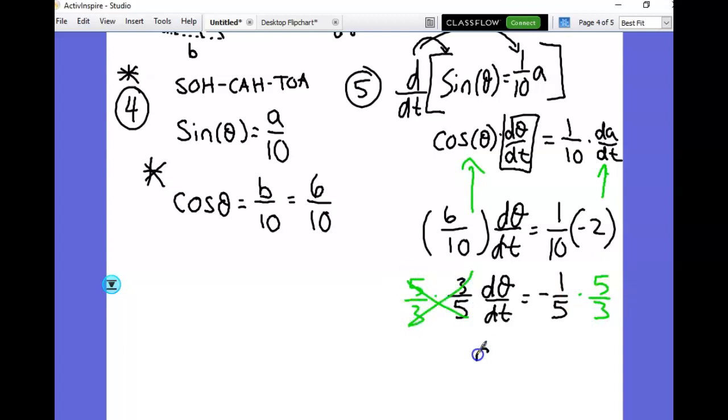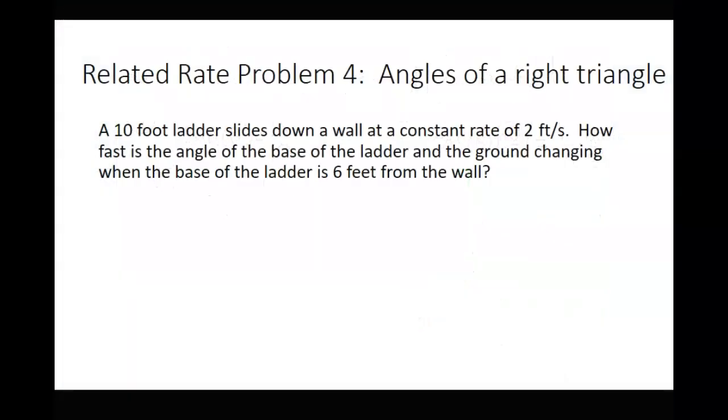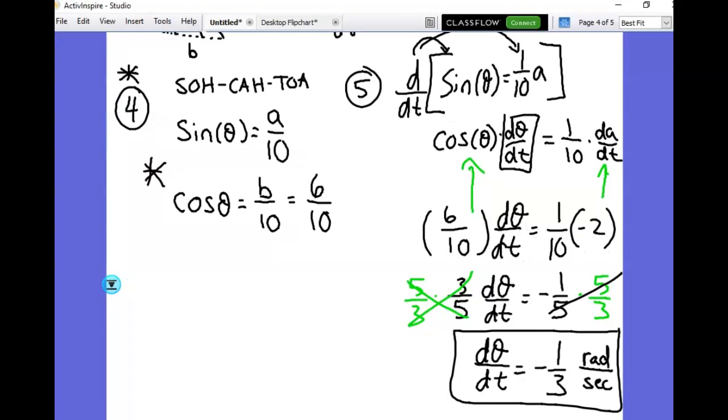And we have our answer. Those go away. We got -1/3, and that was in radians per second. There it is. So it was all in step 4 is where it gets weird, right? Setting up your formula and also finding the missing piece.